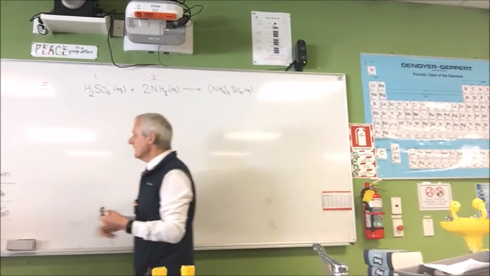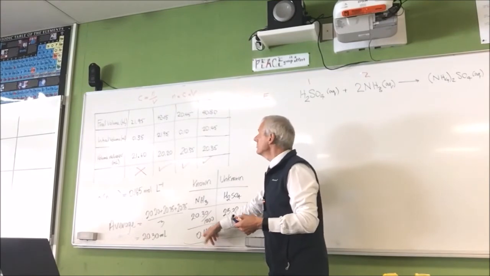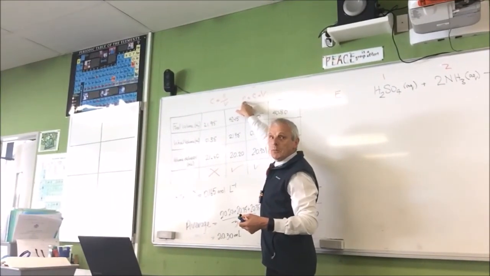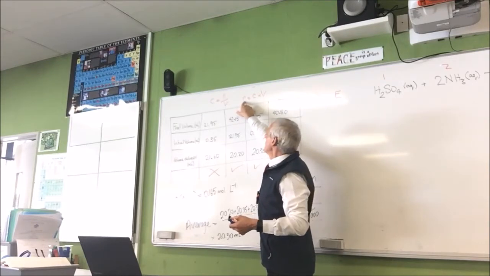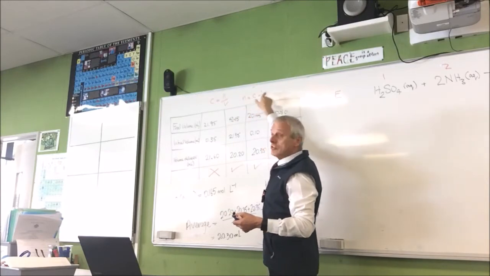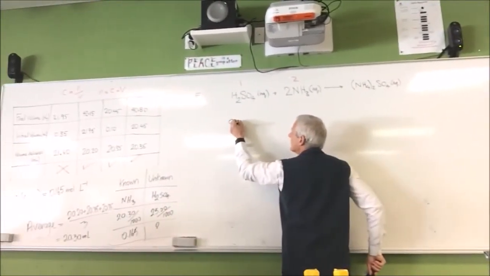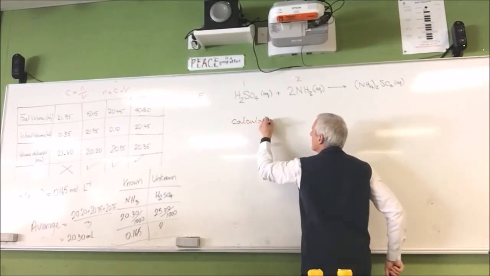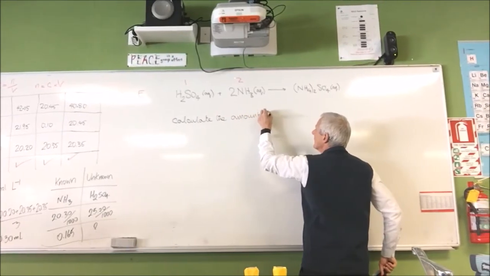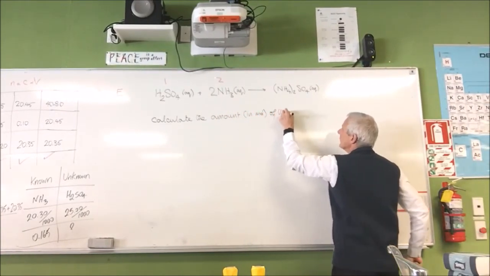Okay, we've been given a volume, we've been given a concentration, and so if we use our formula, which we've written up on the top of our page to remind ourselves, then the amount of the known is the concentration times the volume. Okay, so calculate the amount of the known.